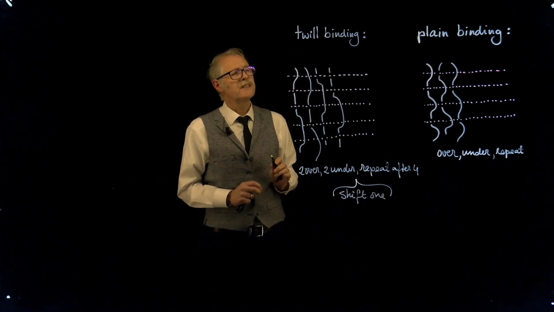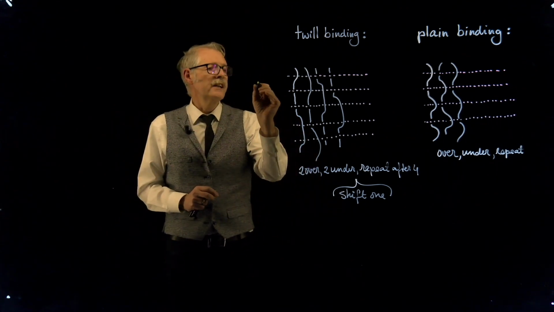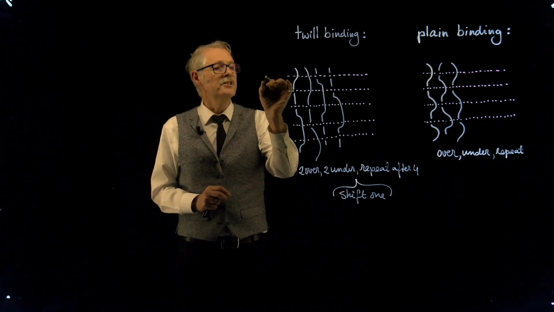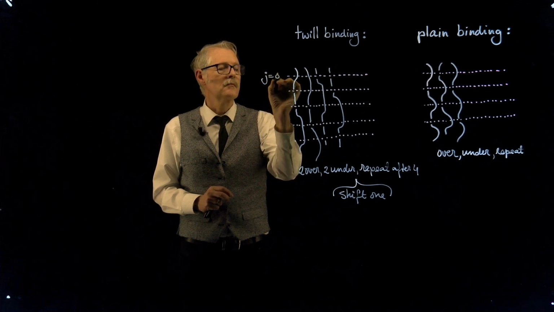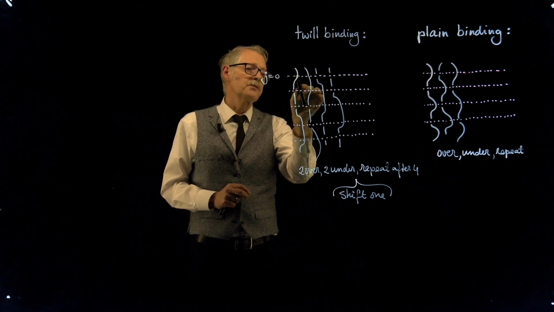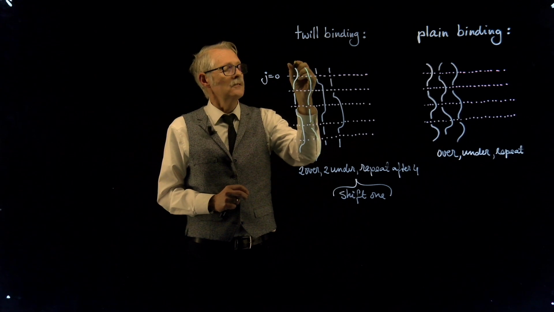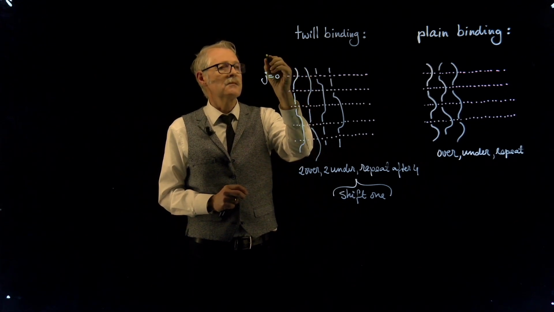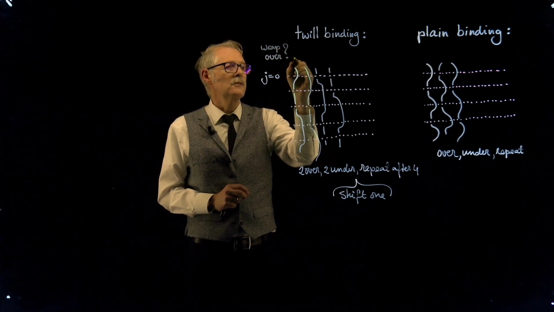Now how would we do that in a formula? If we look at a fixed J, say J equals 0, and then we see what successive warps are doing here, it's quite easy. So here it goes, the question is whether it goes over or not, warp over, and yes, it goes over.